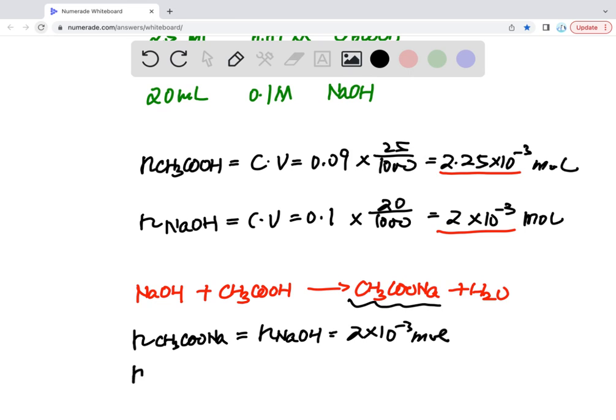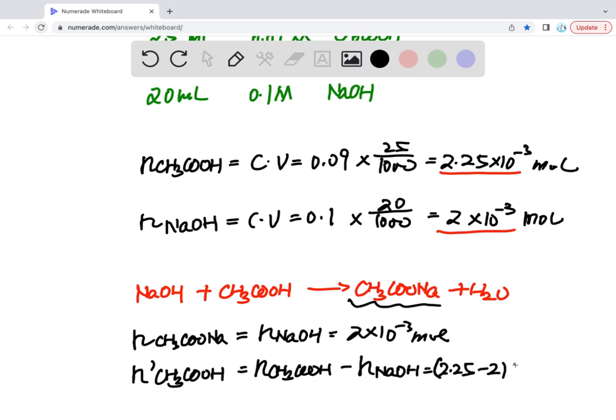And of course, the amount of acetic acid left is equal to the initial amount of the acetic acid minus the moles of the sodium hydroxide. So it becomes 2.25 minus 2, times 10 to the minus 3 mol, so that's about 0.25 times 10 to the minus 3 mol.